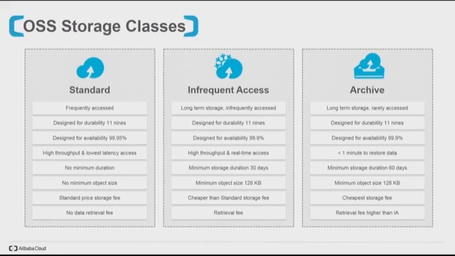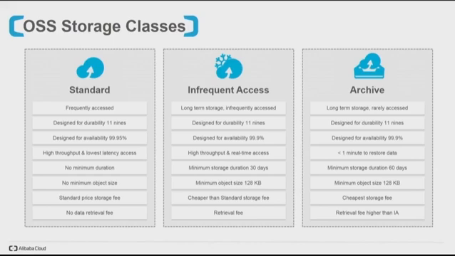I am not going through each line item, but the key things I want to highlight: when you are using the standard storage class, there is no minimum duration to store your data. But for infrequent access, you need to store at least for 30 days, or if you retrieve your data before 30 days, of course you'll have to pay some fee for that. And for archive, the minimum storage is 60 days.